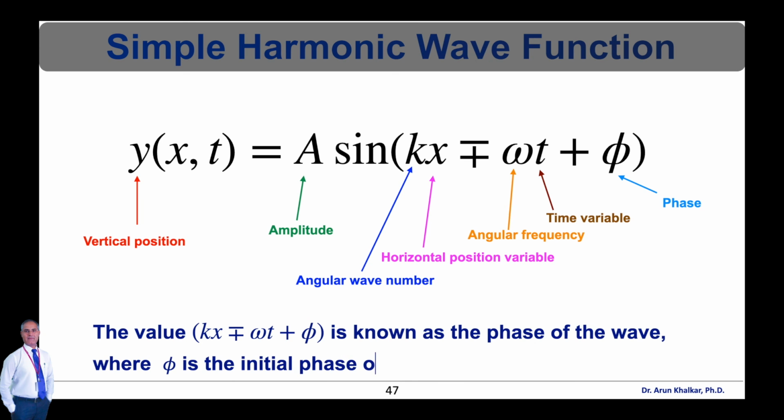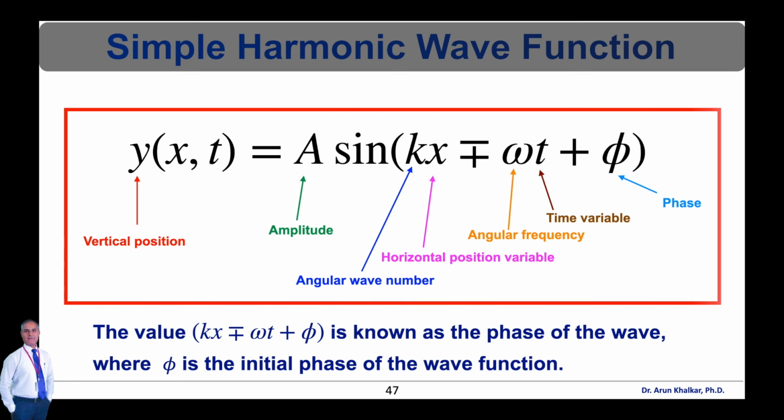The value kx minus or plus omega t plus phi is known as the phase of the wave, where phi is the initial phase of the wave function. The above equation is known as the simple harmonic wave function.